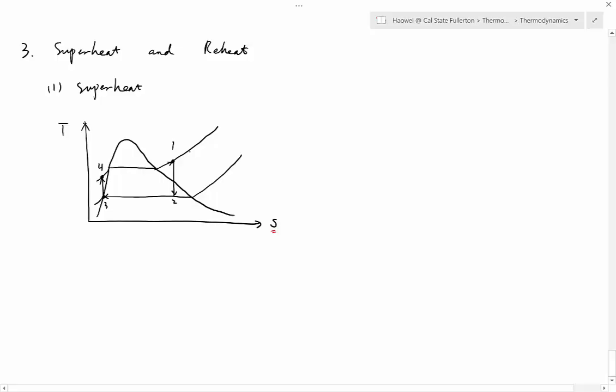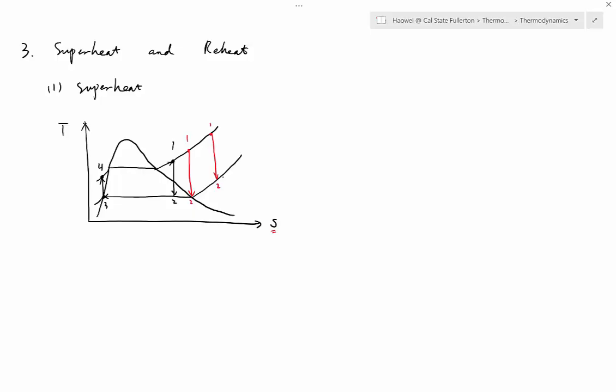So if I move number one to the right a little bit, and then I go straight down, number two will end up as G point. Or I can move number one further to the right, and then if I go down, number two will be superheated. Which one do you think is better out of the three? Of course, the further right you go, the better it is. Why?